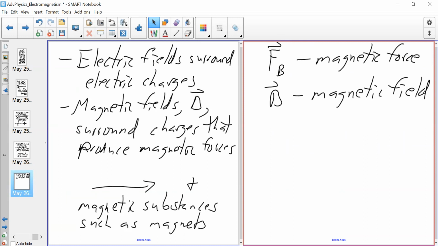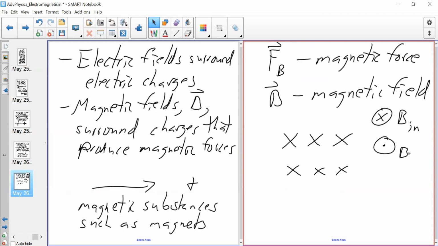So experimentally, it's been shown that if we have a charge move through a magnetic field, and these X's are going to denote a magnetic field that's going into this board. I think we saw something like that in previous chapters. This would be the magnetic field going into the board. And if you see a dot, like an arrowhead, the magnetic field is coming out of the page. So in this case, the magnetic field is going into the page.